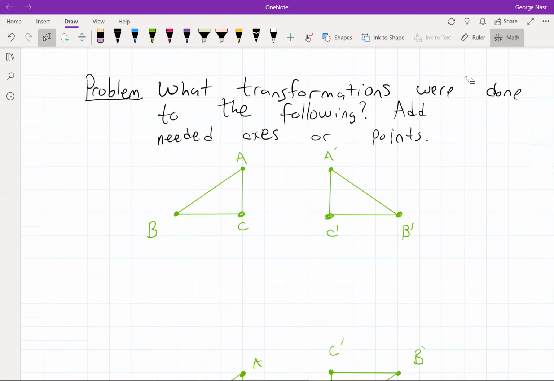All right. What transformations are done to the following? So this one is a reflection. And here is that axis of reflection, right? This point travels 2, 2, travels 2, 2, travels 5, 5.